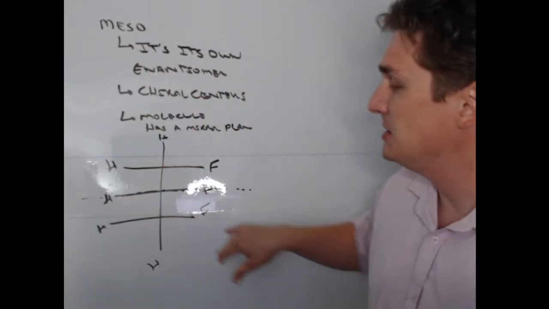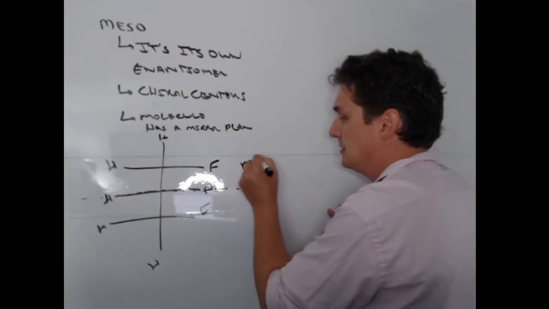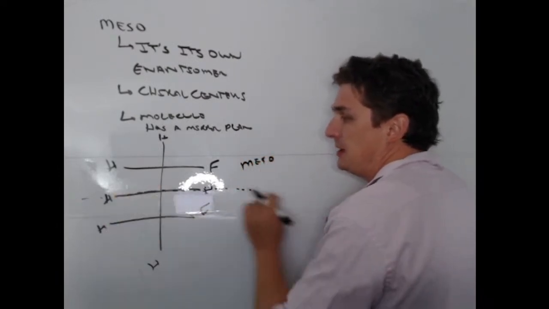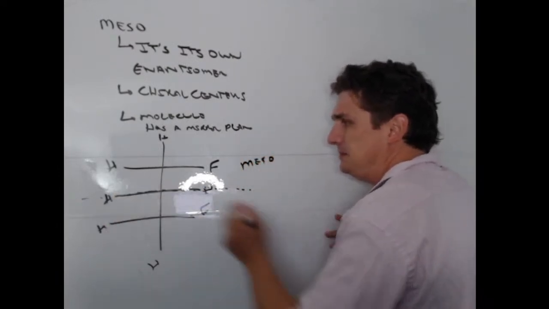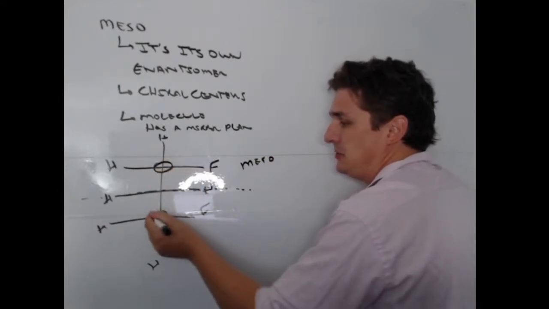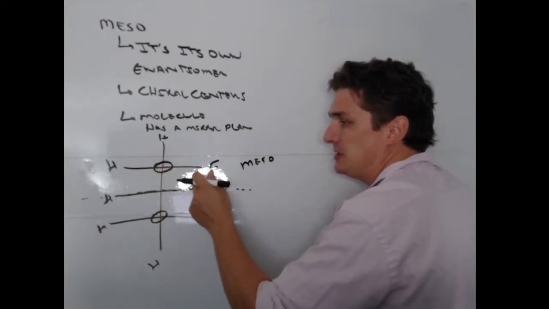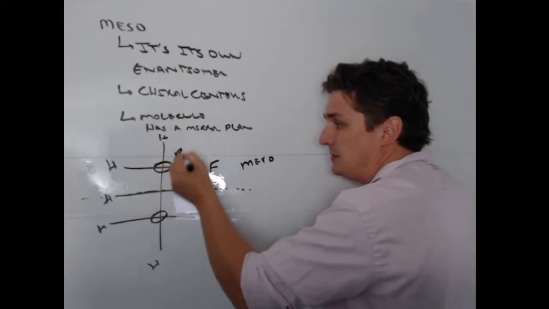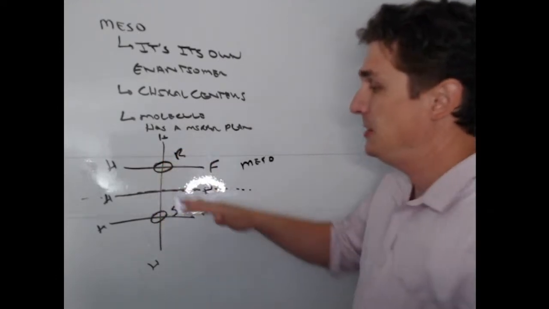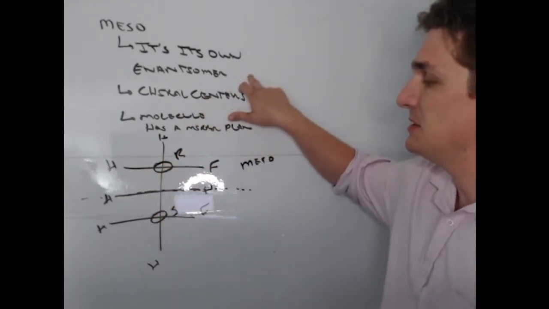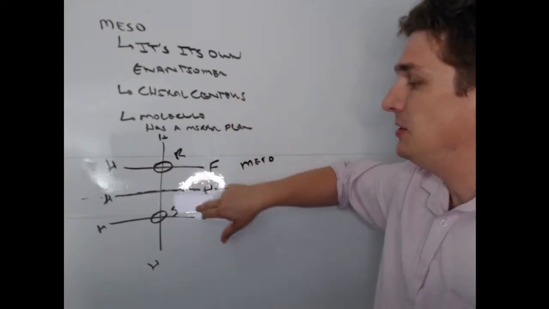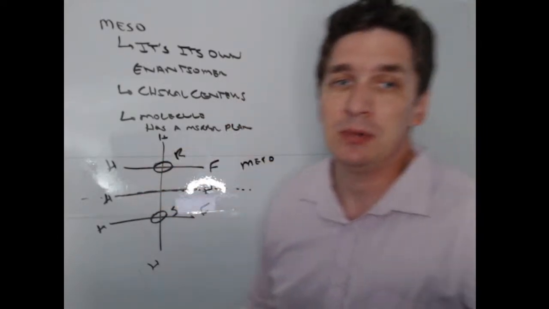So from the Fischer projection, a meso compound is going to have a mirror plane running halfway through it. Now, what makes it meso is that if you look at these two centers here, they look the same. So one's going to be R and one's going to be S, and they're mirror images. So this is why I say it's an enantiomer of itself, is that if you look at it, the R and S are reflected across that mirror plane.